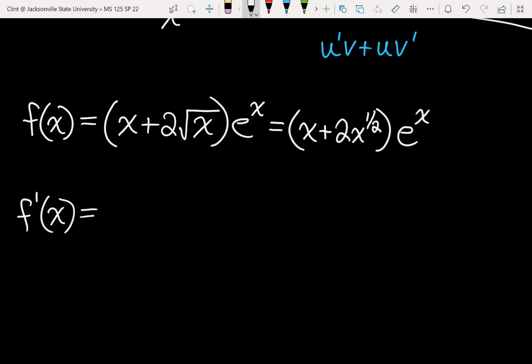So I would need the derivative of that first set of parentheses. That would be 1 plus, and do power rule, so 1/2 times 2 is 1, x, subtract 1, so we get minus 1/2. And then times my second function, plus, copy the first one down.